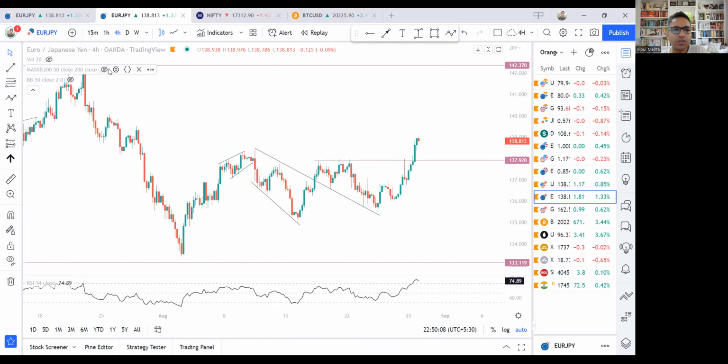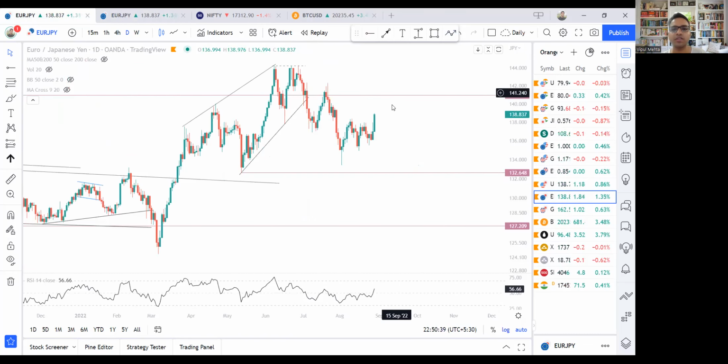We have seen the breakout, and we have missed this breakout. If the price goes back toward this level, some kind of retracement would be a very interesting opportunity to buy, because the 50 is below us and the 200 is below us, which means it's definitely in the bullish zone. All we need is some kind of retracement to find an opportunity to go long and buy, and then we can expect the price to rise further in the euro yen pair.